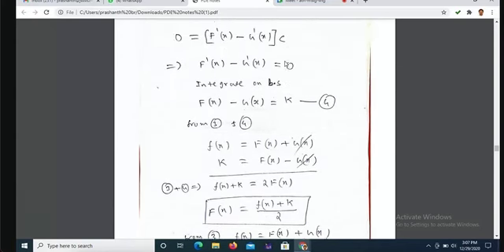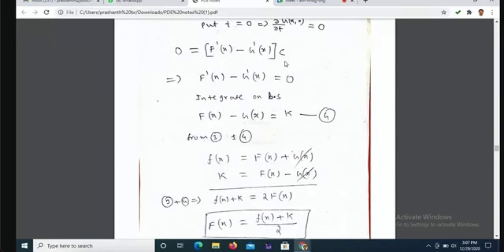Equation 4 we got. Integration of 0 should be 0, sir. No, integration of 0 is 0, I agree, plus a constant also you have to substitute, right? 0 plus constant is what? Constant, right? Yes, sir. That I have written. Okay. Any other doubts? No, sir.